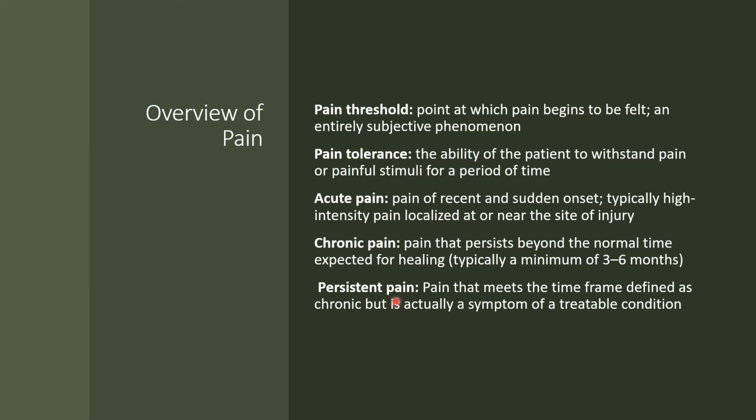Lastly, persistent pain is acute pain. We know we have a specific condition there, but the symptom lasts longer and is part of that previous or treatable condition. So the important thing here is acute pain makes sense, but chronic pain, what we would normally term chronic pain for chronic injury, is what we're going to call persistent pain.